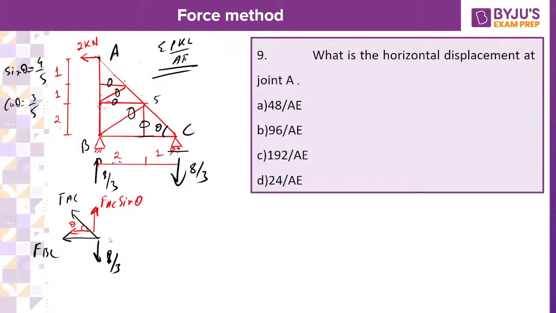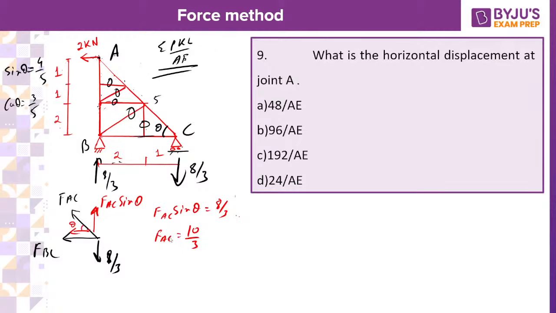Then you apply summation of Fx equal to 0 and summation of Fy equal to 0. So if you apply summation of Fy equal to 0, what will you get? F of AC sine theta equals 8 by 3, and sine theta is 4 by 5, so F of AC is 5 by 4 times 8 by 3, which is 10 by 3.